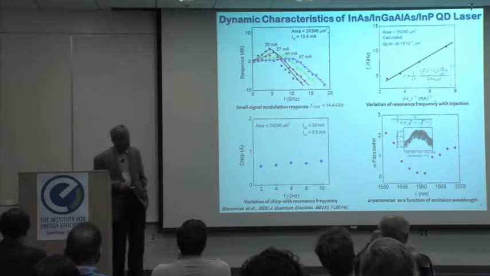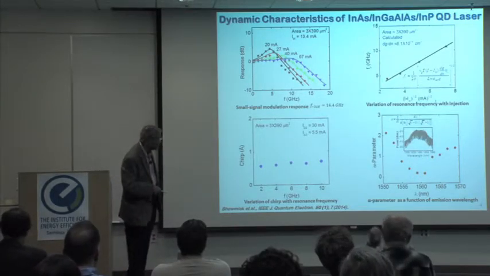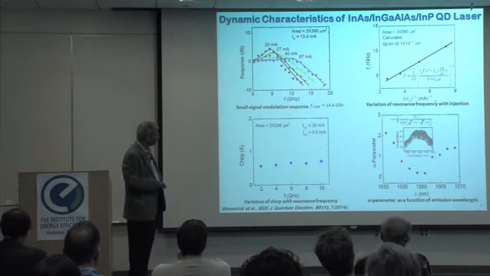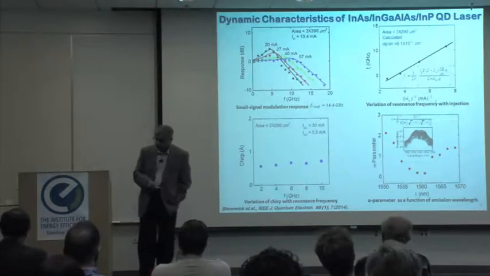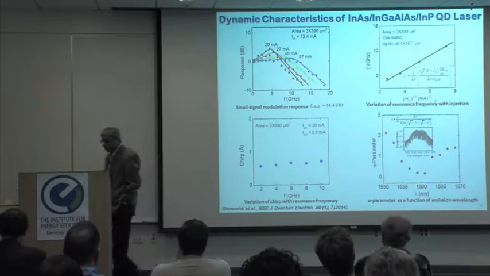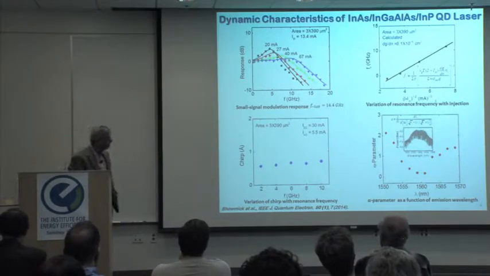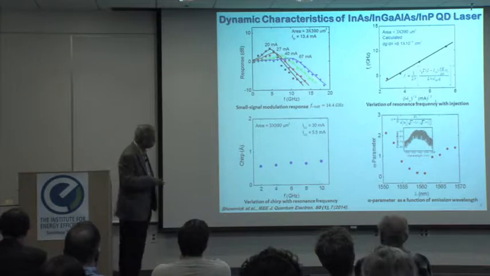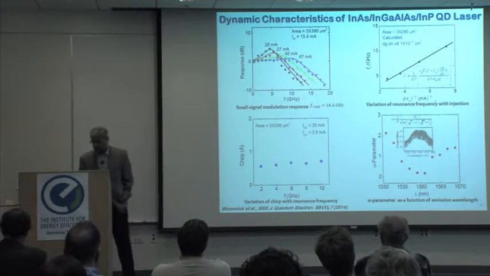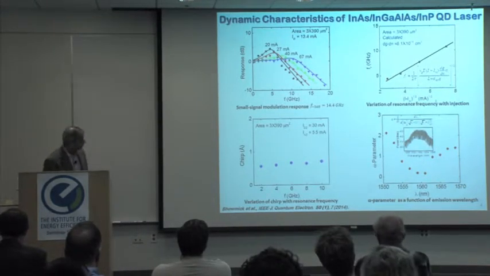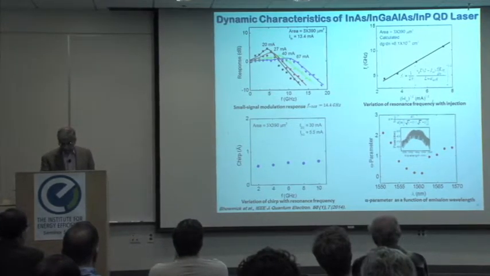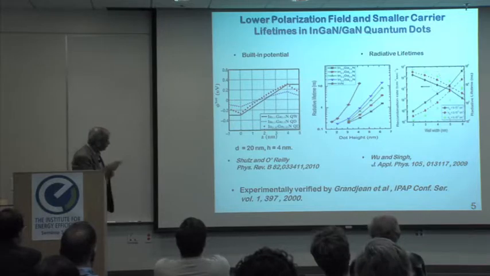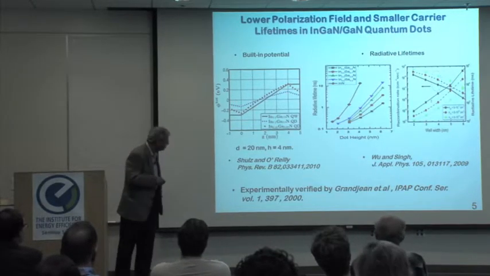This was predicted theoretically and has been observed experimentally in quantum dot lasers, and this is related to the peaked gain spectrum in quantum dots. So this is a very singular feature of quantum dot lasers, that the alpha parameter shows this dip. That's all I'll say, and we'll come back to that dip later on.